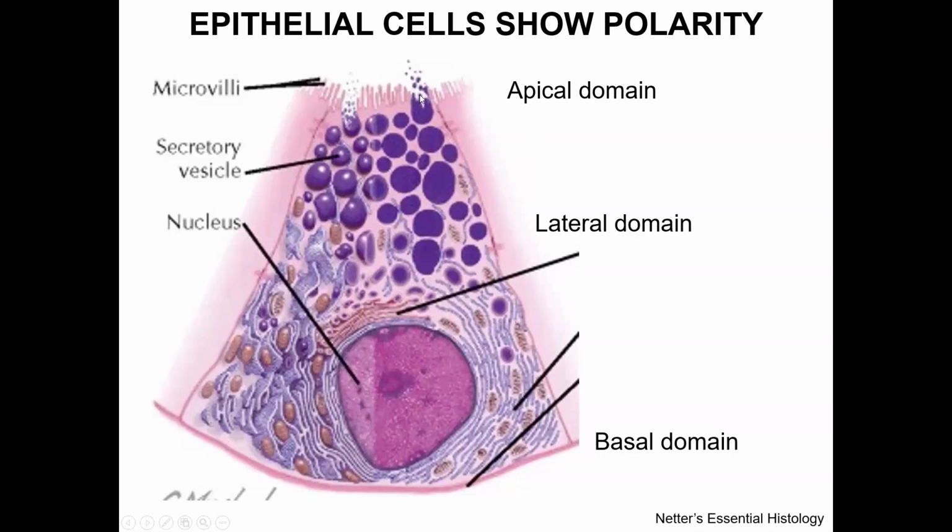Then there is the apical region, which contains microvilli, projections of the apical plasma membrane, and they increase the absorptive surface there. But the polarity is visible not only at the surface but also inside the cell, where the nucleus is usually at the basal part of the cell, the endoplasmic reticulum and the Golgi then follow, and towards the apical region are the secretory vesicles. If this is a pancreatic cell, these would be the zymogen vesicles, or the zymogen granules.